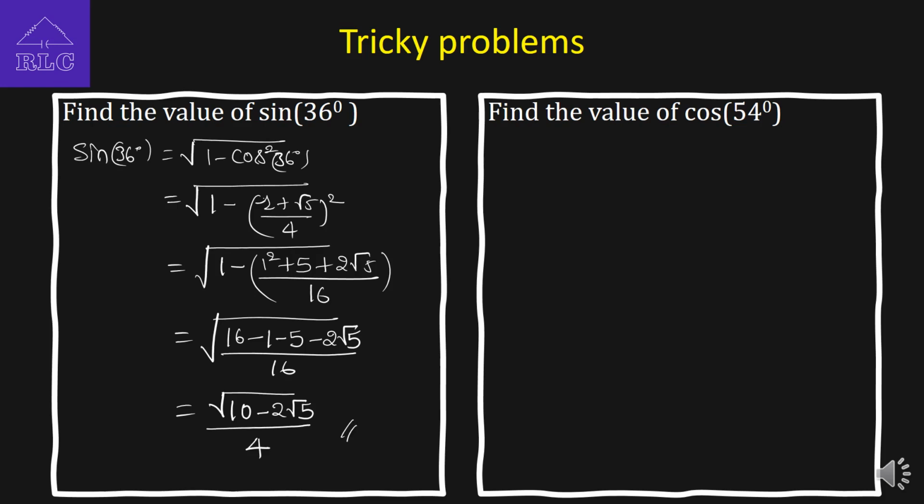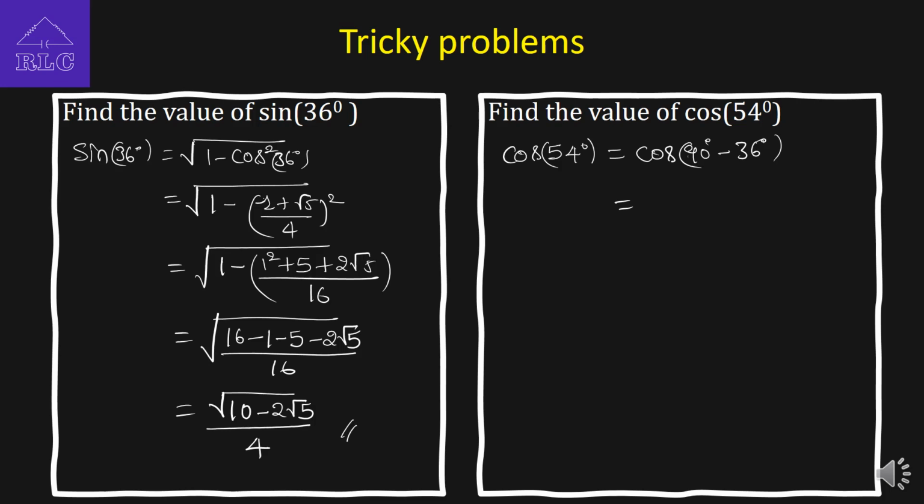Now let us see the value of cos 54 degrees. So cos 54 degrees can also be written as cos of 90 degrees minus 36 degrees. Okay, so 90 minus 36 degrees means first quadrant.